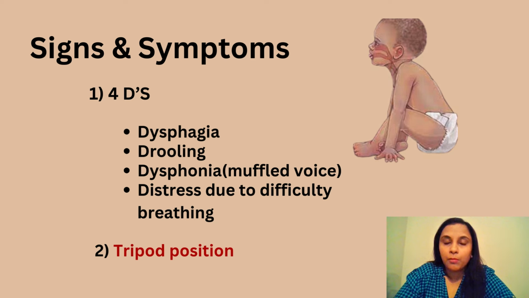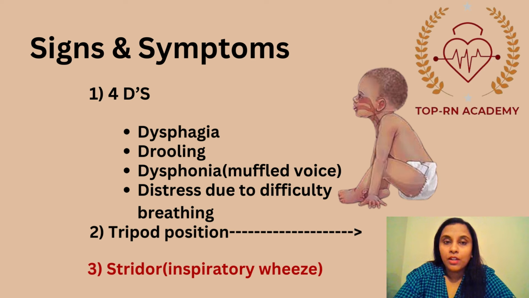So tripod position. And the last one and the main one is inspiratory stridor. The airway is getting blocked, and when the child is inspiring, you can hear the wheezing sound. This is a medical emergency. That means the child's airway is getting blocked very quickly.